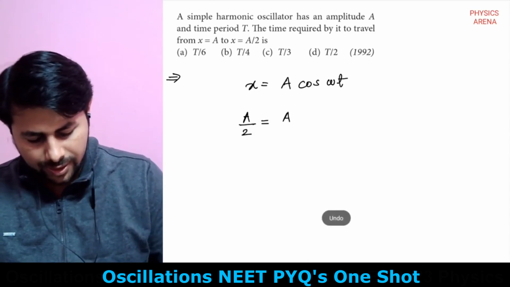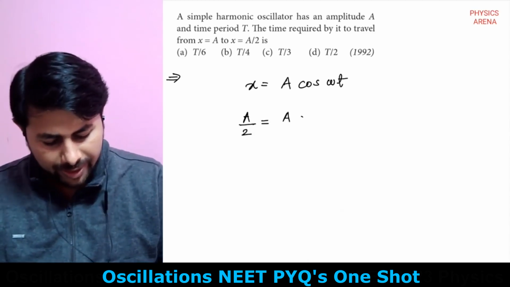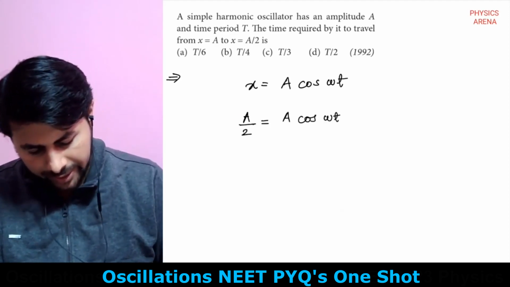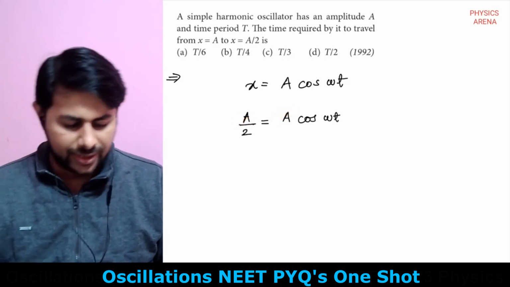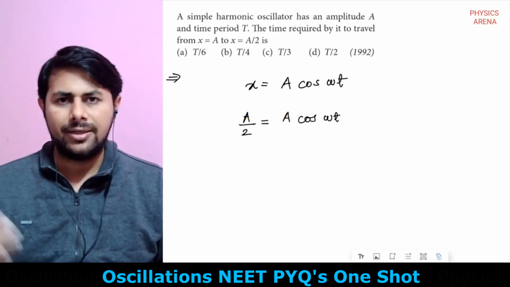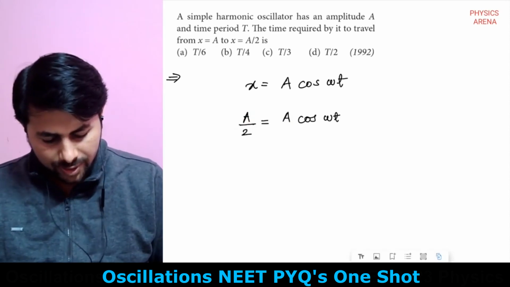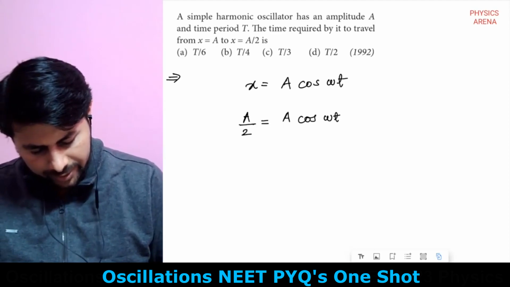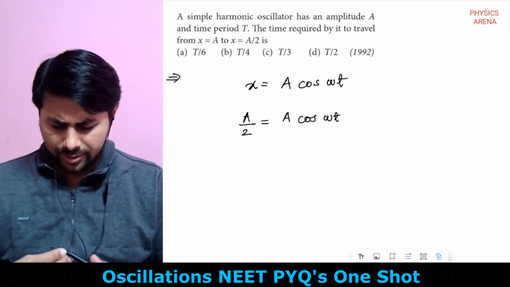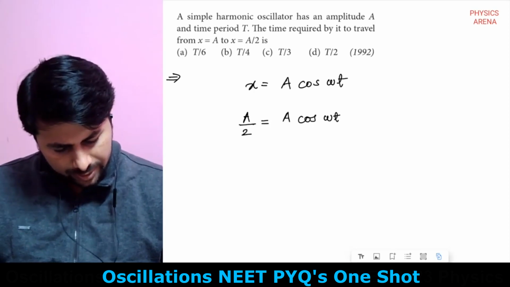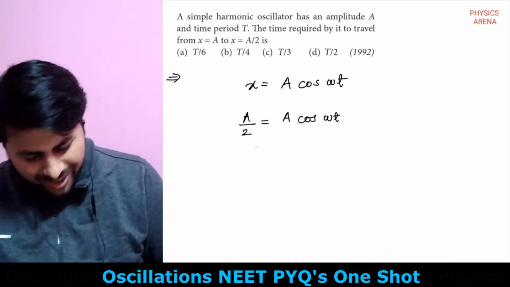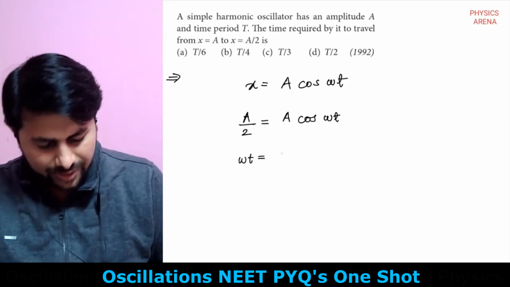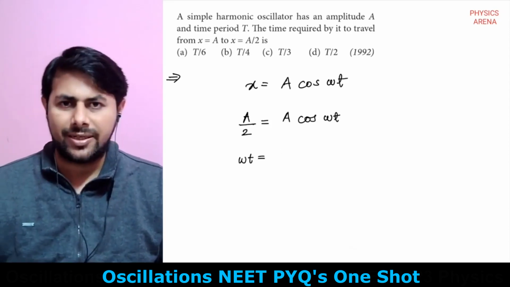So A by 2 equals A multiplied by cos of omega t. Okay, so A gets cancelled. Cos omega t is half. That means omega t is 60 degrees. Omega t is 60 degrees means how much in radians?